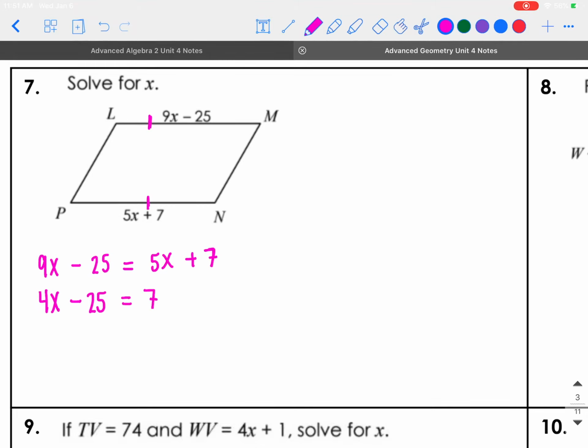And then if I add 25 to both sides, we get 4x equals 32. And then divide both sides by 4 to get x equals 8. And my problem did ask for x, so I am completed there. I don't have to do anything else.